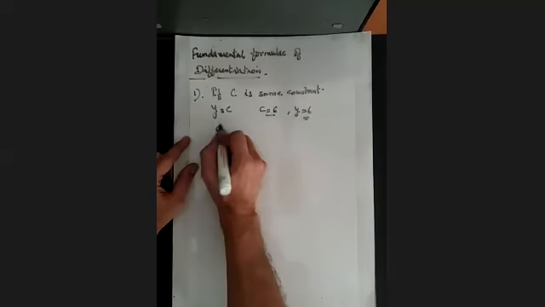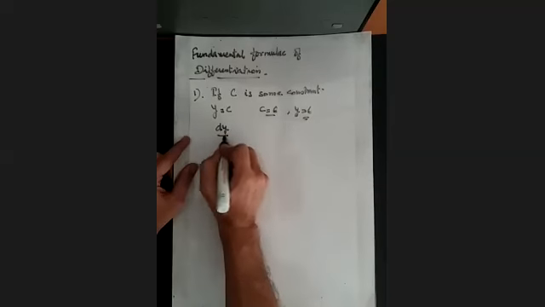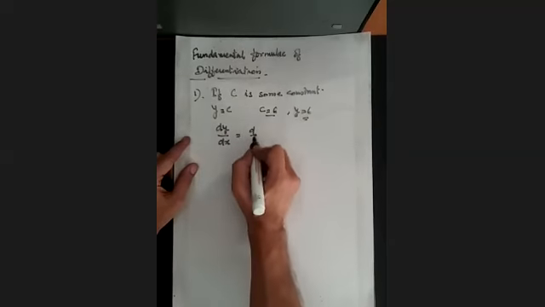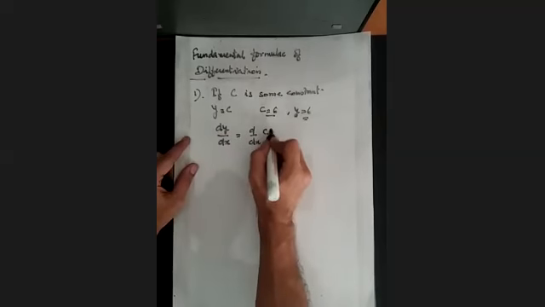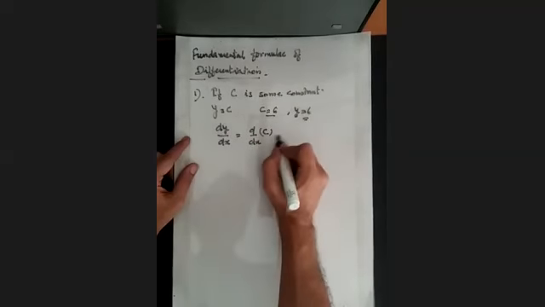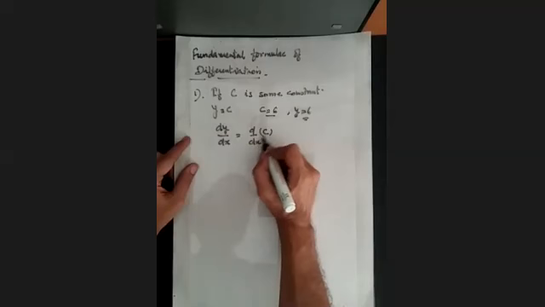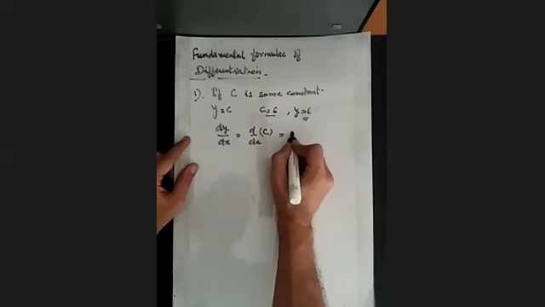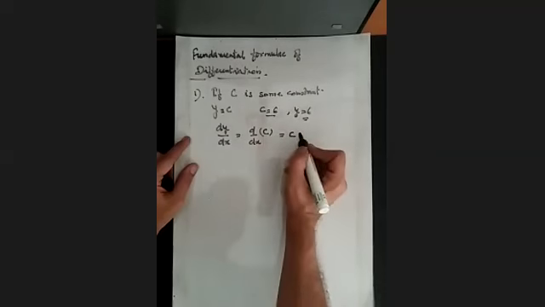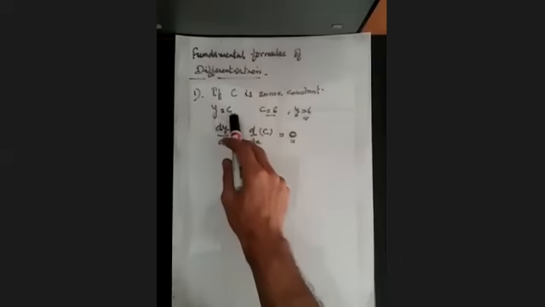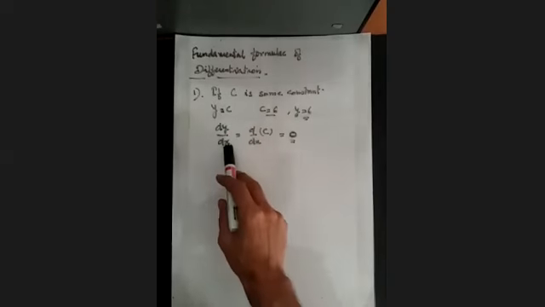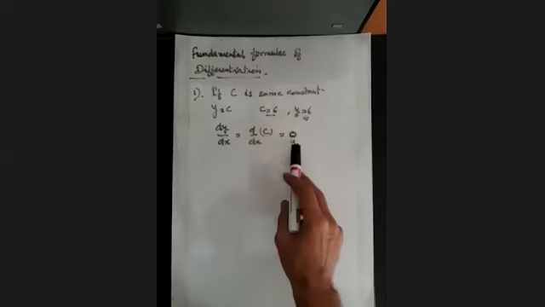In that case, differentiation of y with respect to x will be differentiation of c with respect to x, because c does not depend on x, then the value will be equal to 0. That means differentiation of y, which is a constant, with respect to some variable x is 0.